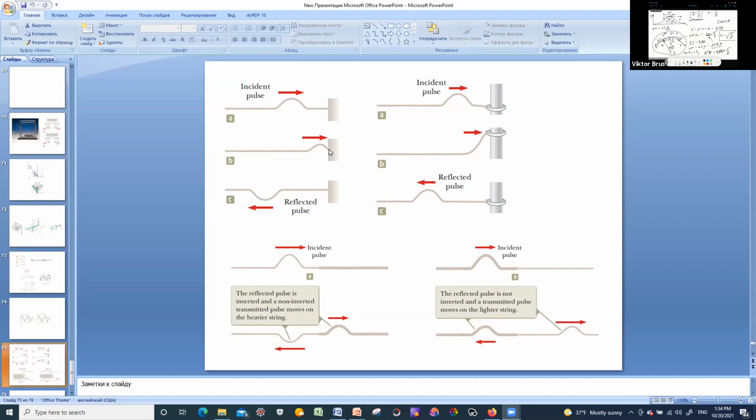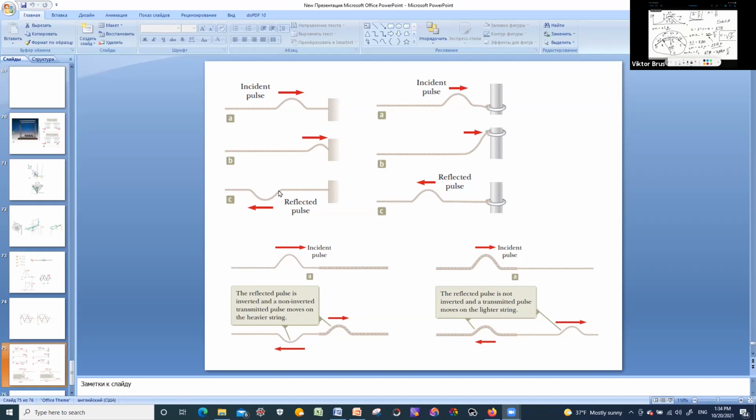And according to the third law of motion, there will be a reaction force, the counter force, which will be pointed downwards, and that will create another, so-called reflected pulse, which will move backwards along this string. However, the key thing here is that there will be a phase shift.